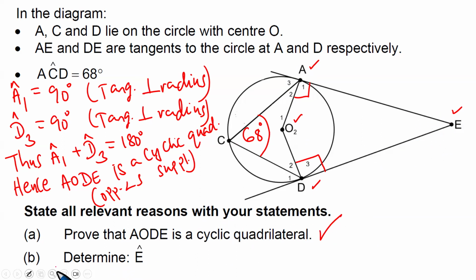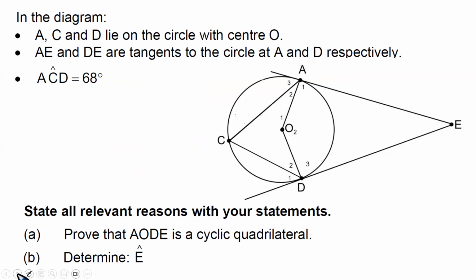Right, we want to find the size of the angle E, and we proceed to find it. We remember that angle ACD, this angle here, is equal to 68 degrees, when this equals 90 degrees and that equals 90 degrees. Right, so to find the size of angle E, we proceed as follows.